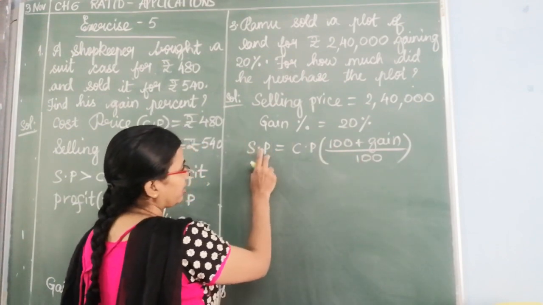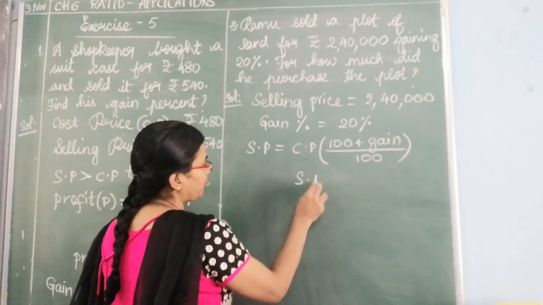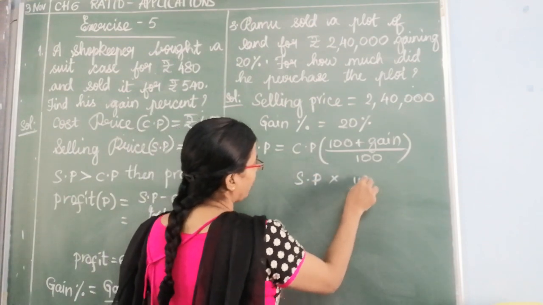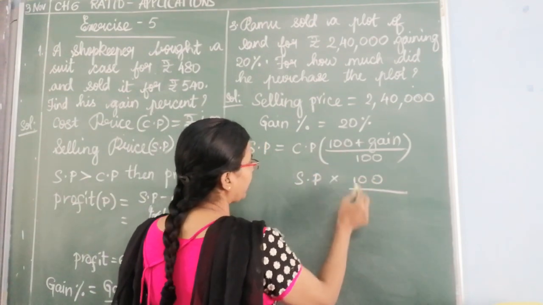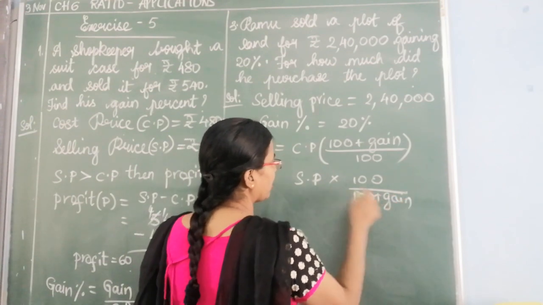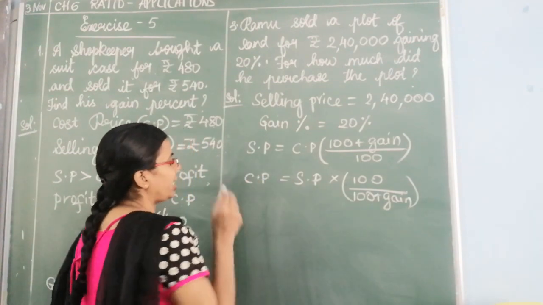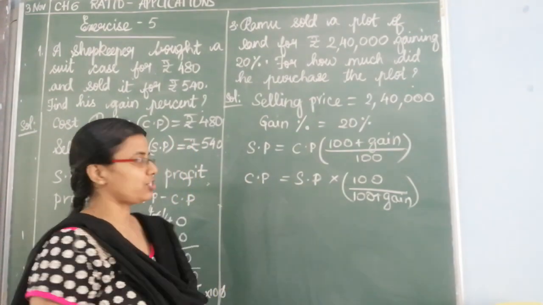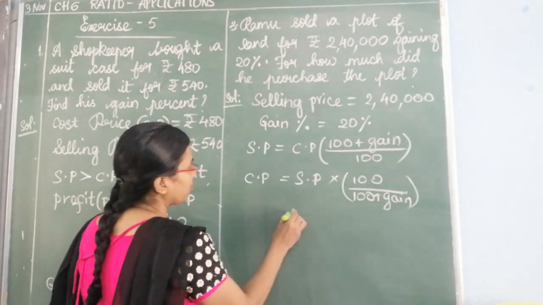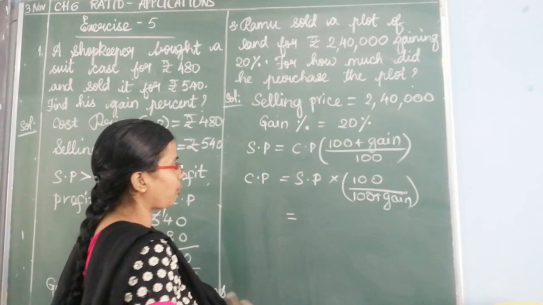Division, when it goes to the other side, it becomes multiplication. So CP becomes SP into 100 divided by 100 plus gain. This is the way it is going to change. So if you do this, you get CP. The cost price you are going to get like this. Formula you need to learn, otherwise it is very difficult for you to solve the problem.